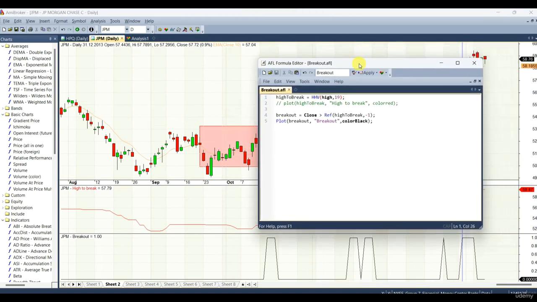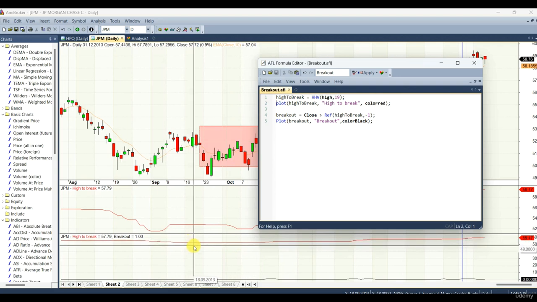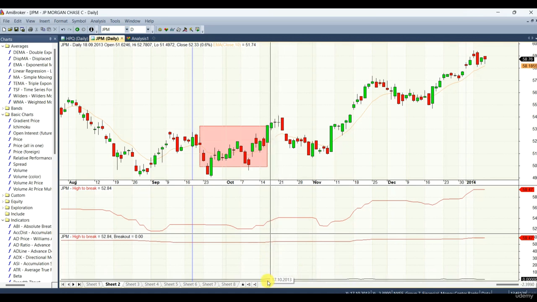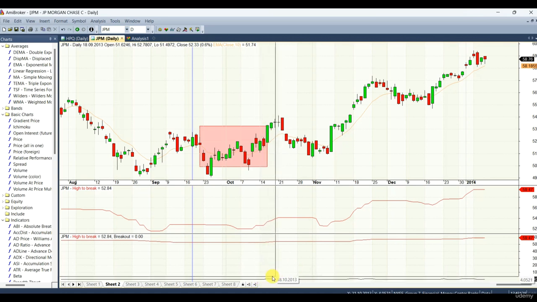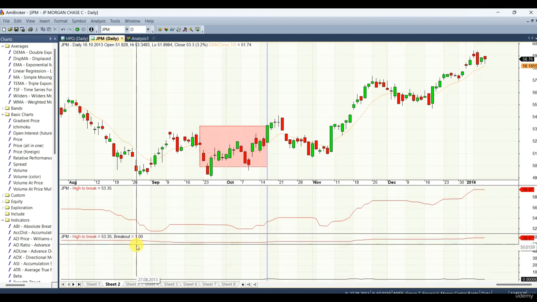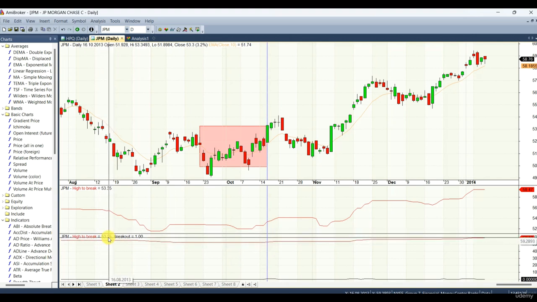Again, back to our code, and let's comment it. One more thing. Why did I comment this? Because if I keep it active and I apply, and these two indicators are both in the same box, this happens. I can see that this line is a bit curvy here because there the breakout gets a value of 1, whereas the high to break is an array of values around 53.